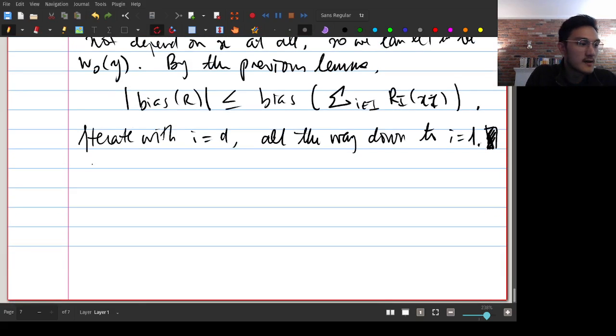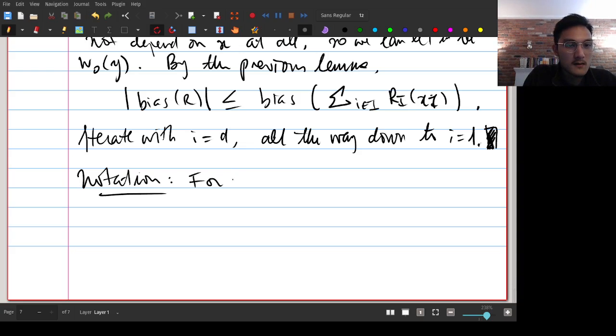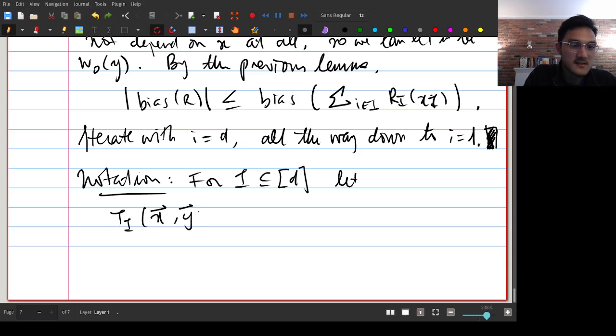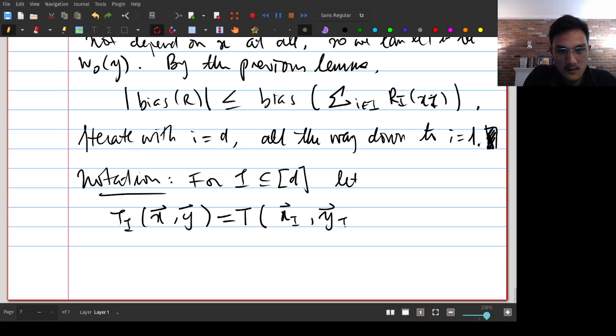Now, one more thing before proving subadditivity, we need one more bit of notation. So notation again. For I a subset of D, let T_I of X, Y, with respect to some tensor T, be T of X sub I, Y sub I complement.